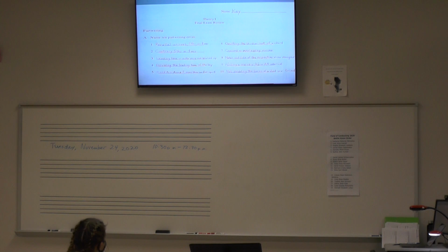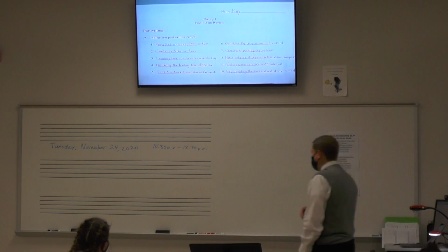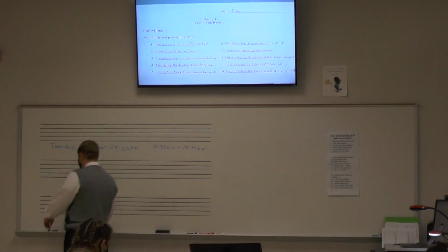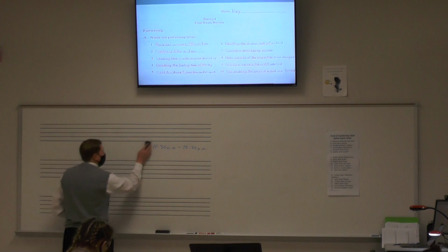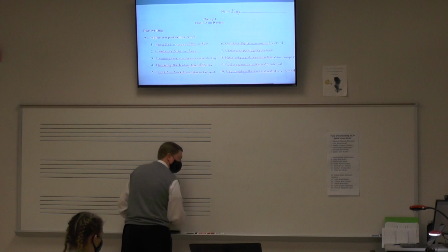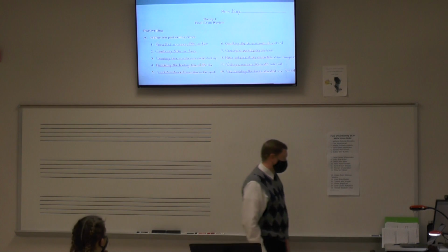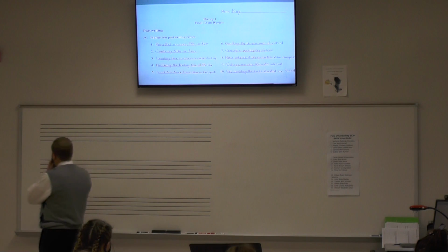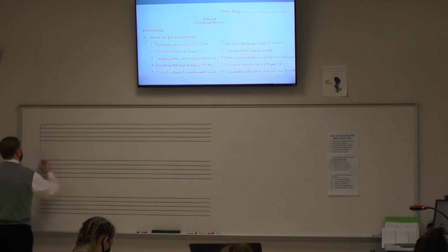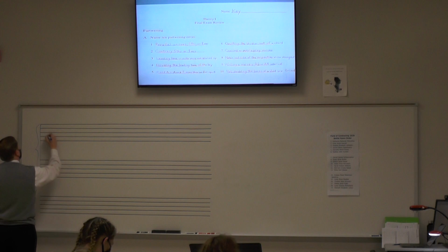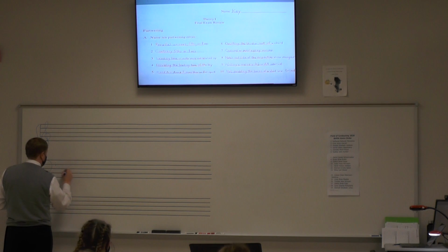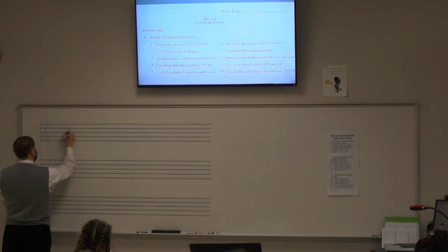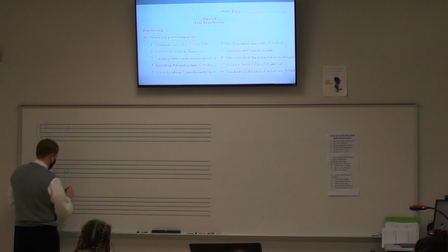Number 2, you don't want to write contrary fifths or octaves. I won't write all the voices out, but what would be an example of a contrary fifth or contrary octave? Well, let's say you have a C major chord, and your bass and your soprano are like this.